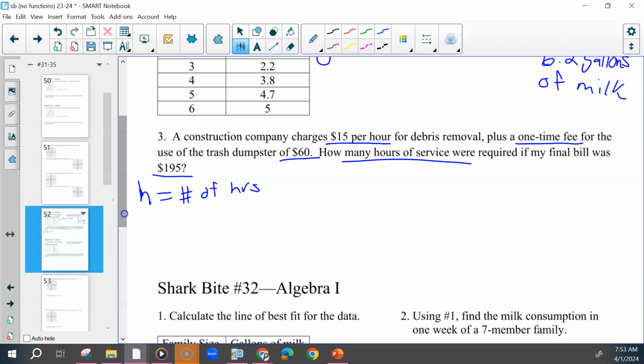And then we know for however many hours they use this, it was $15 per hour. And they had to pay a one-time fee for the trash dumpster. And their total was $195. So you should have had some sort of equation that looked like this and solved it.